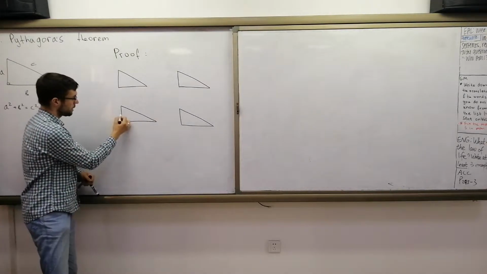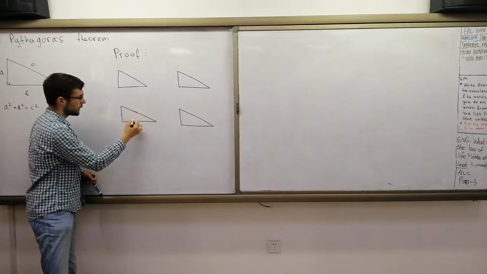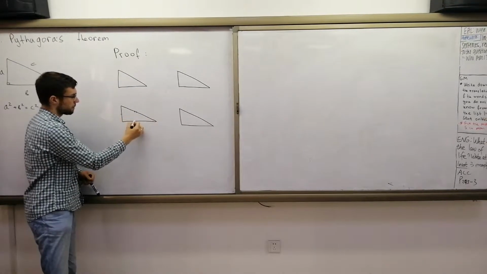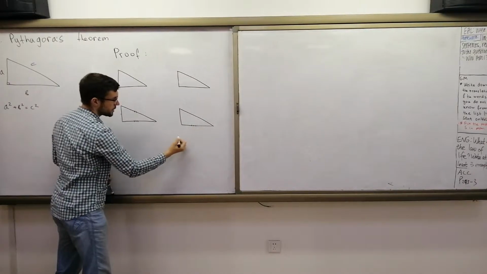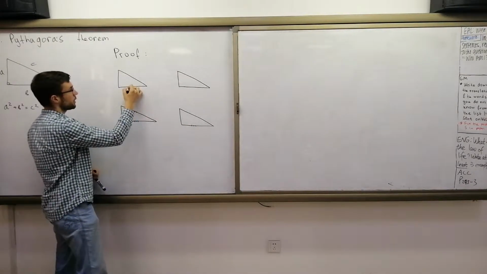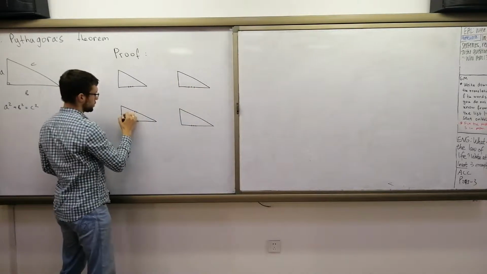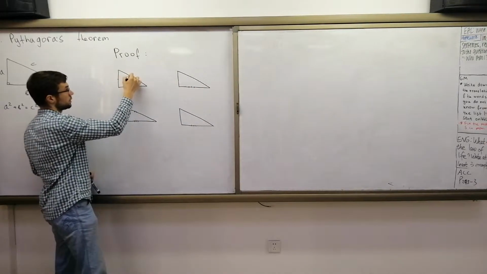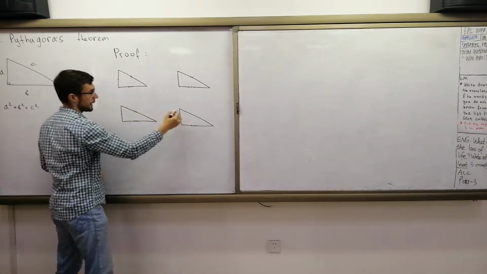And by having this kind of indications, I say that this side is exactly the same as this one, and they are equal. So by having these things, I say that these triangles are exactly the same.